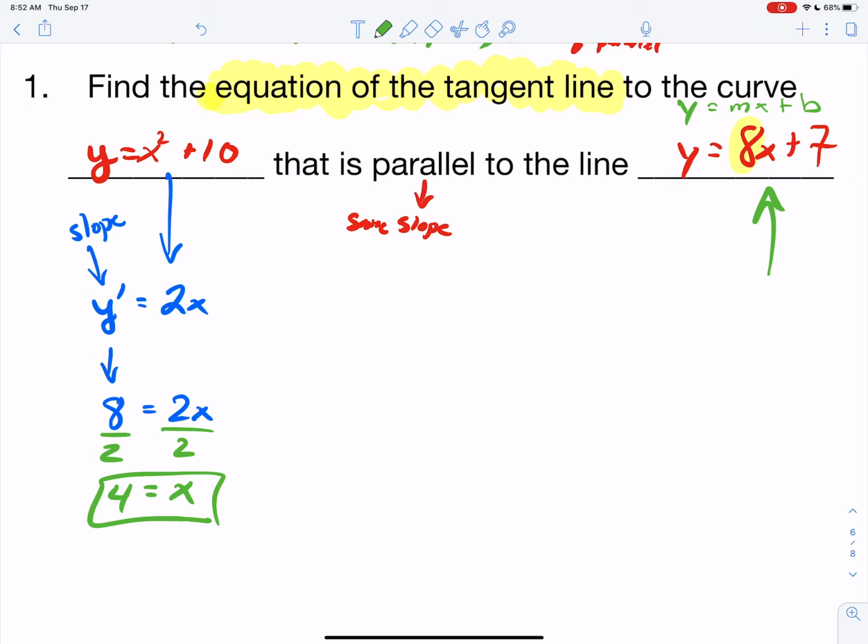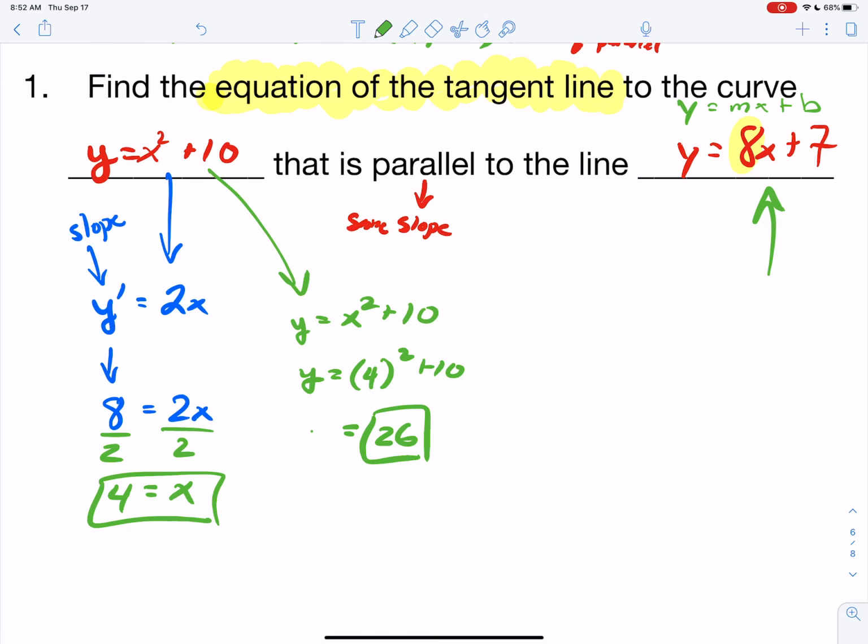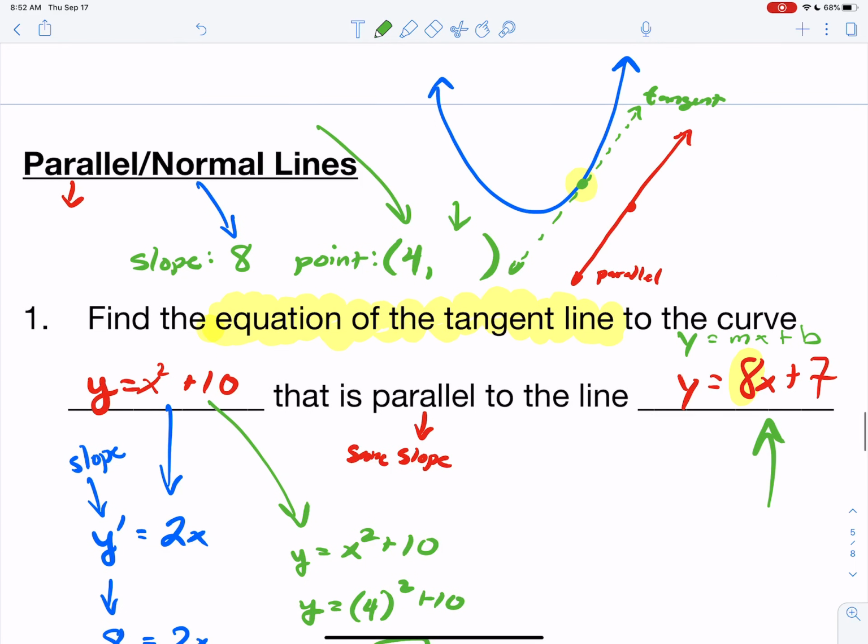So here we're going to have y equals x squared plus 10, but now we're going to plug in the x coordinate of 4. So this ends up giving us 26, which is our y value. We know it's going to be parallel because they have the same slope.